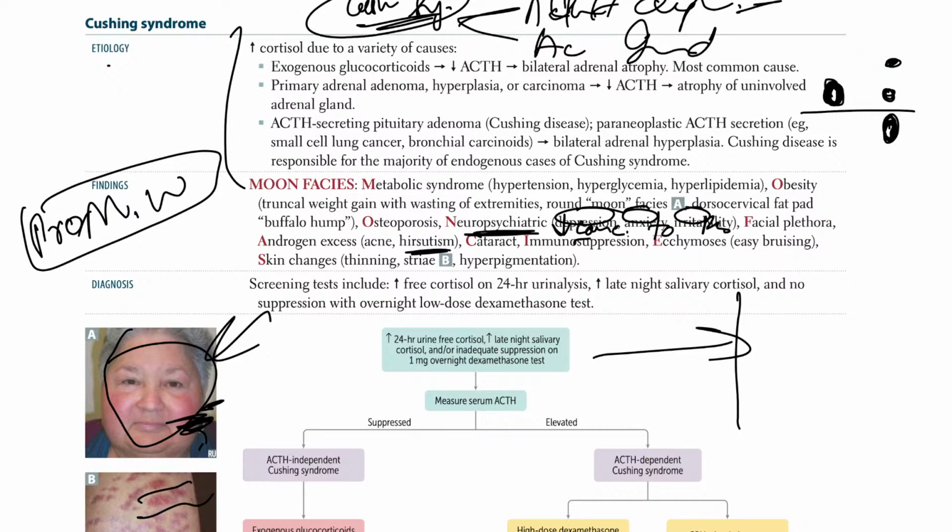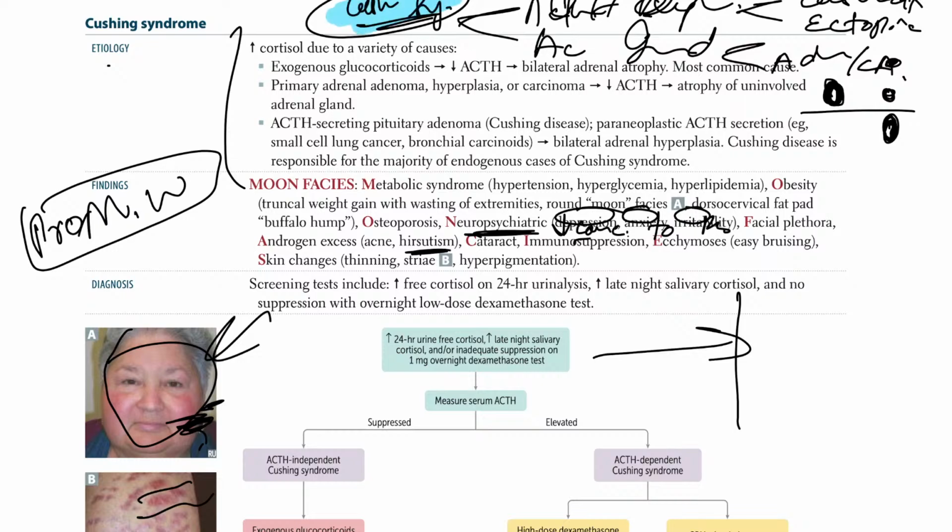ACTH dependent one is the Cushing disease, and your ectopic ACTH. The independent one is going to be your adrenal adenoma, carcinoma.